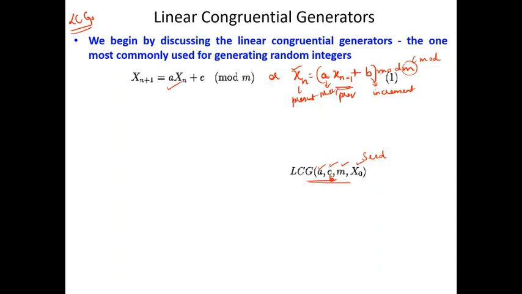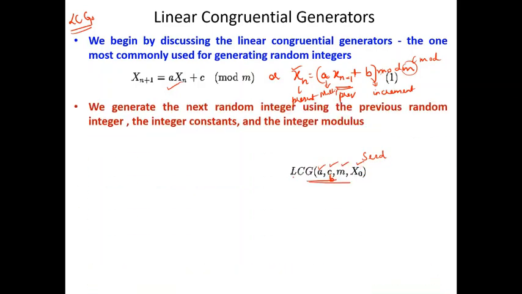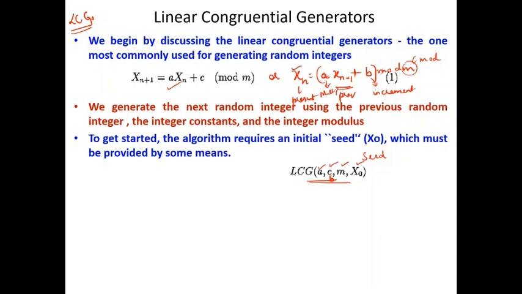All of you please make a note of this. So how are we going to represent the LCGs? The multiplier, increment, modulo value, and the seed value. This is how we are going to represent the LCGs. So the next random integer is generated using the previous random integer and the constants a and b along with the integer modulus. To get started, we always need a seed value x0, which should be defined by some means.